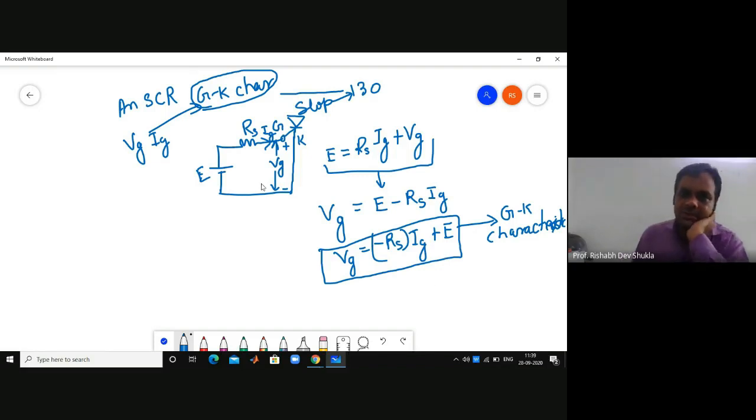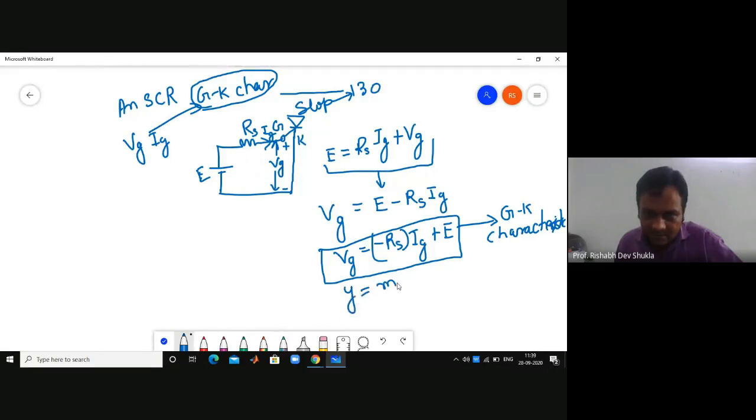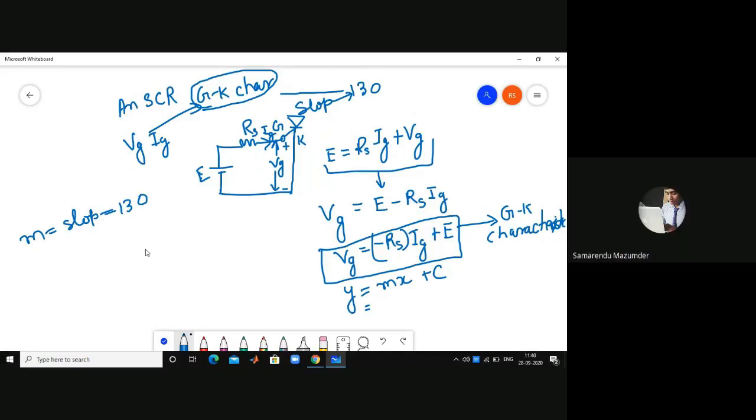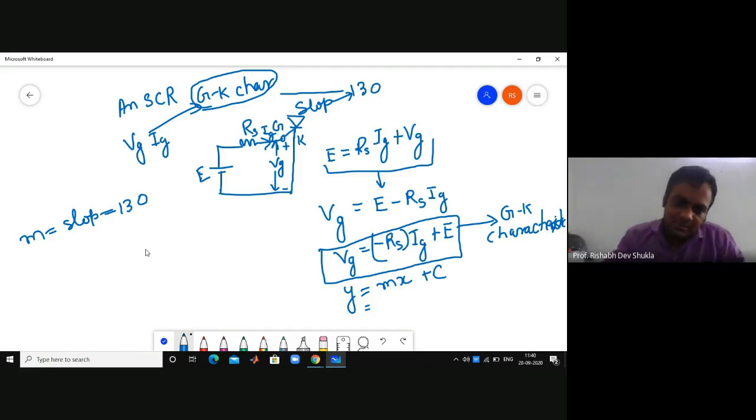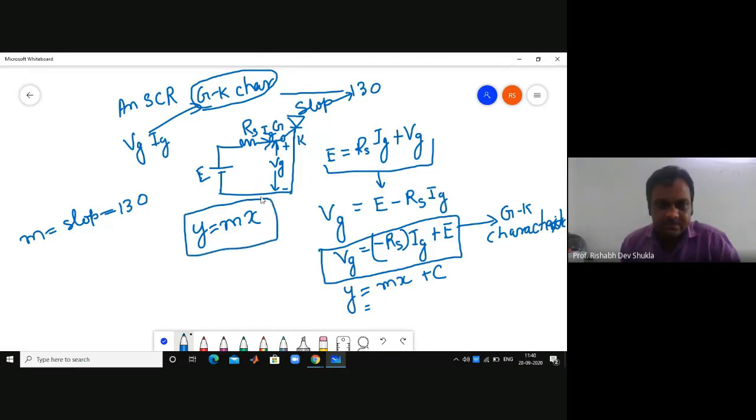Now according to your question, comparing with y is equal to mx plus c, m, or the slope, is 130 ohm. If the question gives a straight line, it means we take only y is equal to mx, so there is no E here.